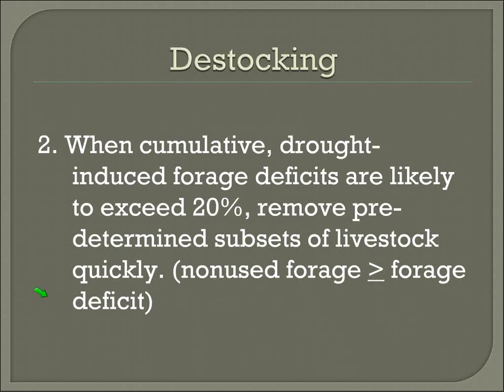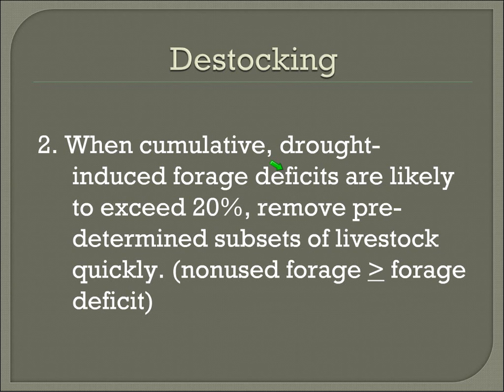And I want to go to the next issue here on destocking using the CFR table, which is page 1 of your handout. Remember we strongly encourage you to begin with realistic numbers. The second phase of destocking is that point in time when we start to look at cumulative drought-induced forage deficits.